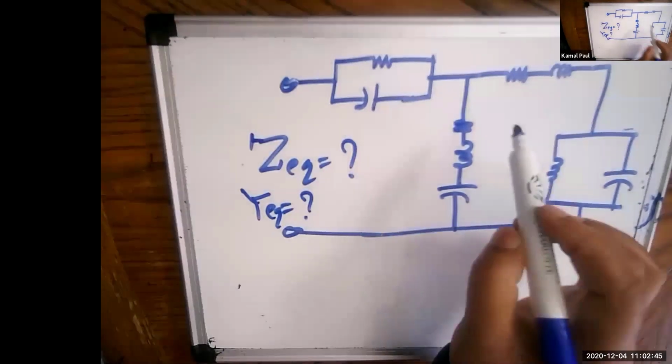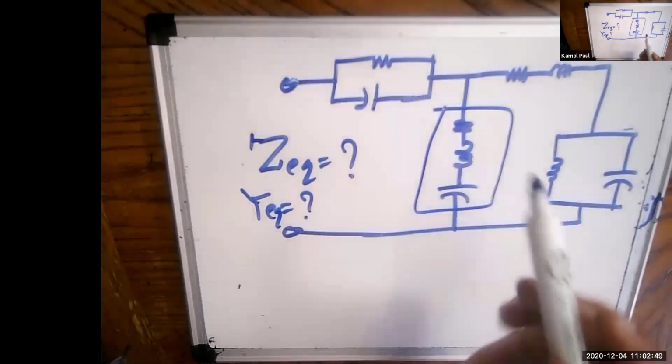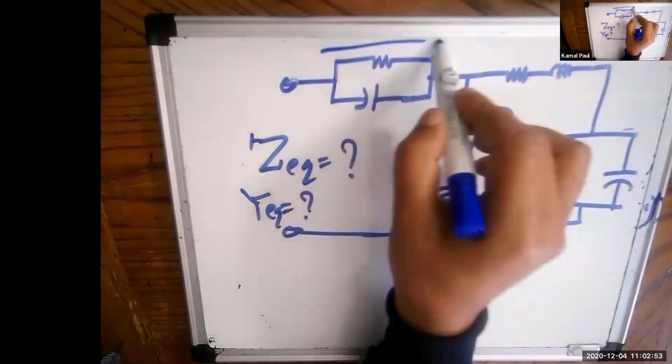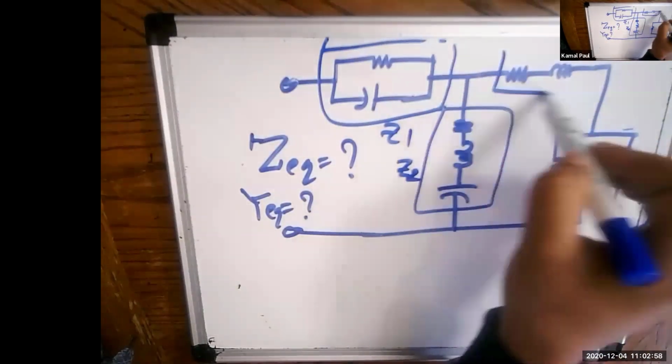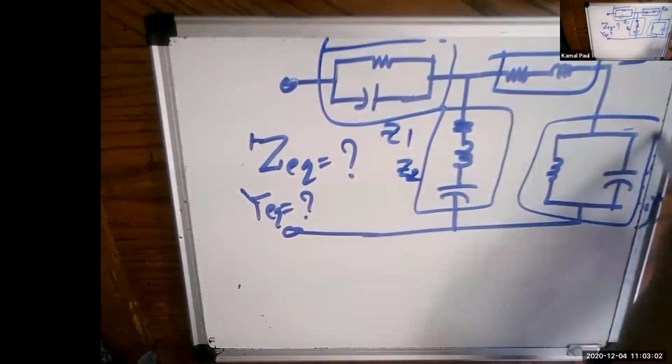Now, for this kind of circuit, the easiest way is to take this as a branch. For example, this is G2 branch, and this branch, say for example, as a Z1, and this is as a Z3, and this part assume as a Z4.